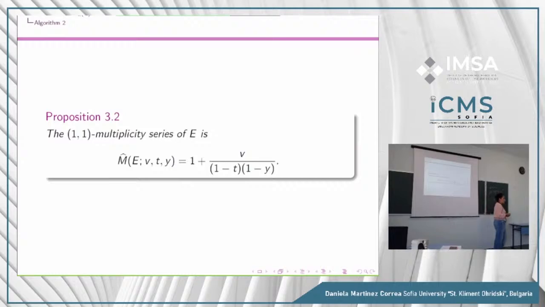So if we want to compute all the multiplicities for this algebra, we have to work with this n to n minus 1 multiplicity series.